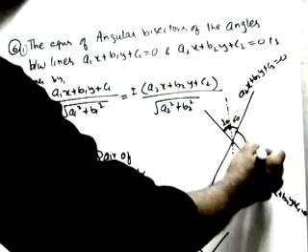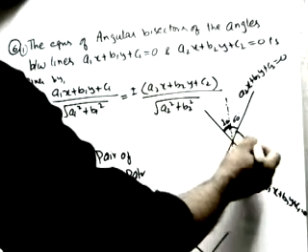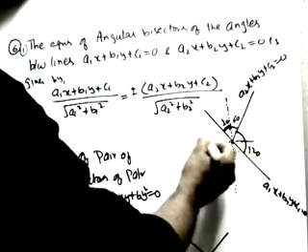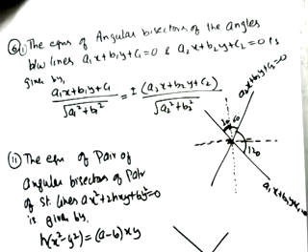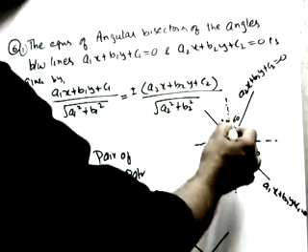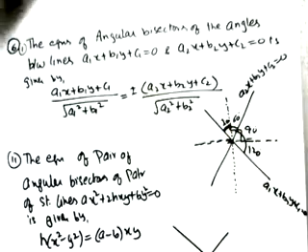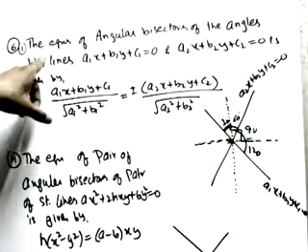Bisect means equally half. Suppose this angle is 120 degrees. So the bisector will pass through 60 degrees. So these two lines are called the angular bisectors. They will always be perpendicular to each other.